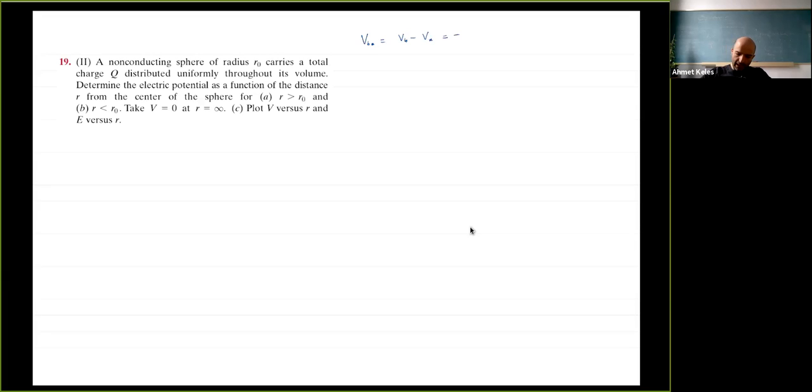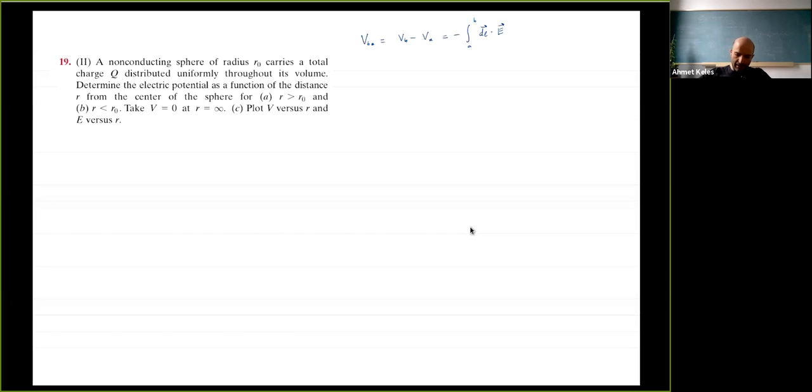Line integral of electric field, minus integral from A to B, dl, which is a vector, dotted onto electric field, which is another vector. Right? So we need electric field. And now we are pro electric field calculators because we know Gauss's law, right?